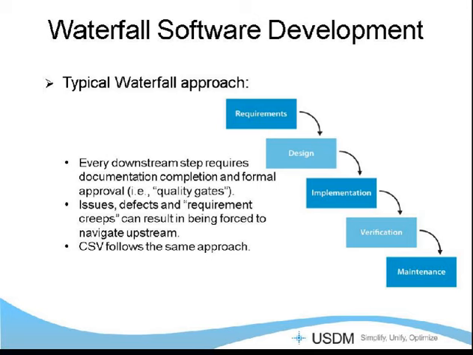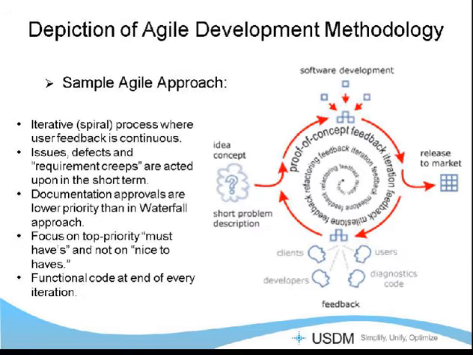So that's the standard model that we've all followed for a number of years, and this is really more how the Agile methodology works. So we have an initial idea or initial concept. We understand from a high level what the problem is, what the opportunity is, and then we start to go about developing various documentation, if you will, but it's really not the standard requirements document.